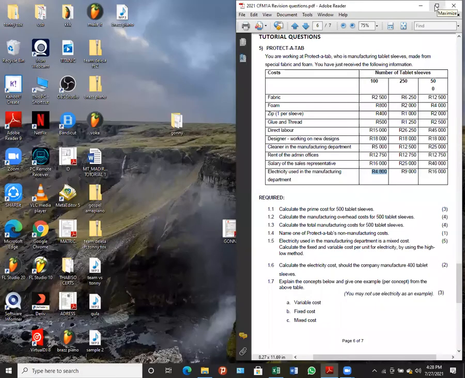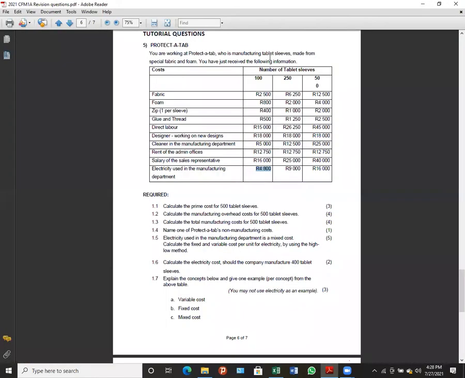Right? Let's prove this, guys. They said give an example. Let's see for fabric. 2,500 divided by 100. How much do you get? 25. Here, this divided by this, I get 25. Here, this divided by this, I get how much? I still get 25.